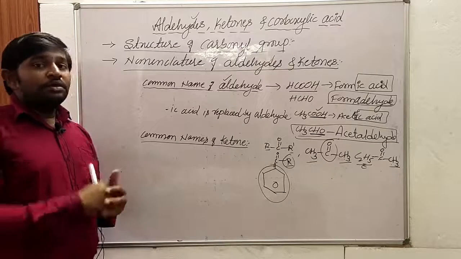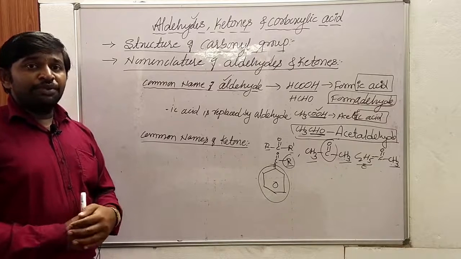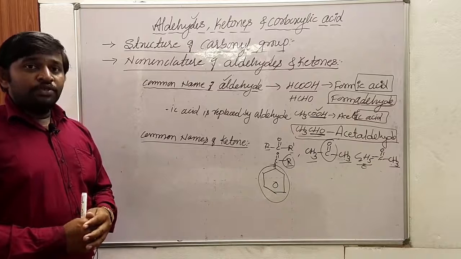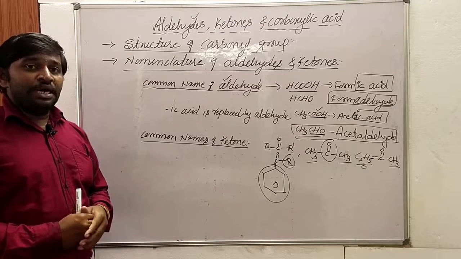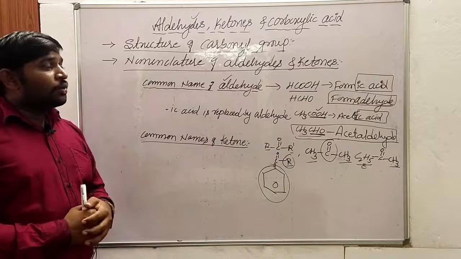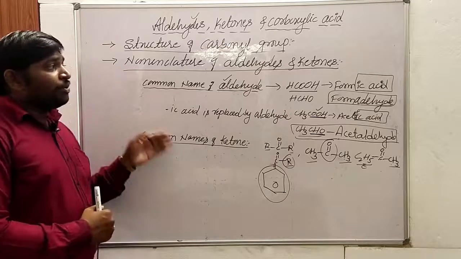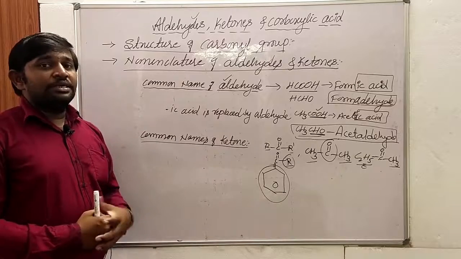These rules we have discussed in the first PUC syllabus itself, in the basic concepts of organic chemistry, where we learned the rules of IUPAC nomenclature. So let us discuss the IUPAC names of aldehyde and ketone molecules.